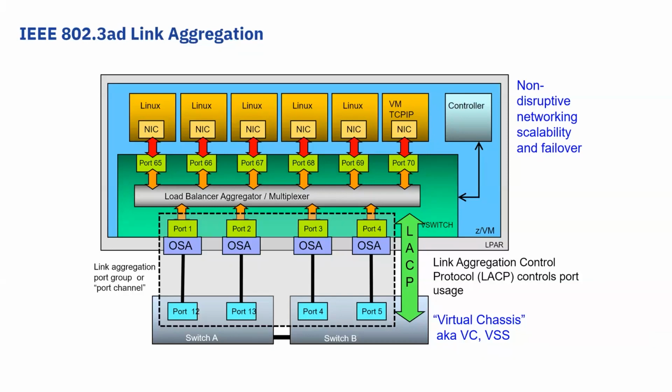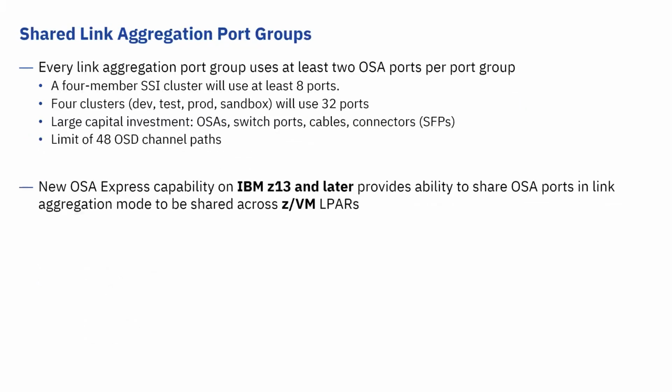So I recommend putting all of the guests on here. Because it's an Ethernet mode vSwitch, one of the things that you cannot put on here is z/OS. So z/OS cannot participate as a guest in a link aggregation vSwitch because it cannot use an Ethernet mode vSwitch.